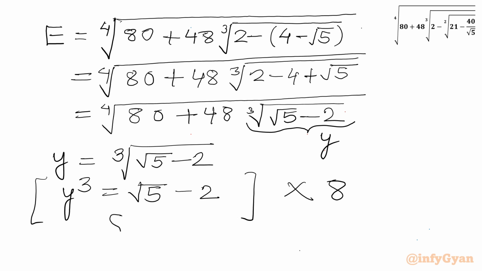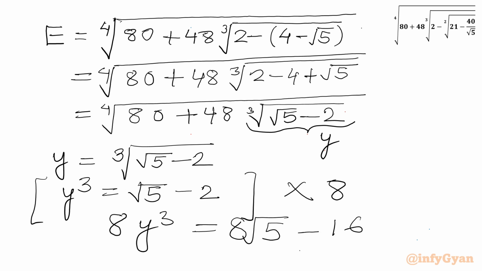So the equation will become 8y cube equal to 8 square root 5 minus 16. Let us write here 8 square root 5 minus 16. This will become equal to 8y cube. So can we write 2y whole cube?